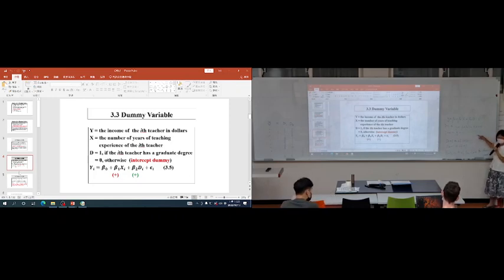Look at the expression here. These 2 equations have the same slope, right? With the same slope, then a different intercept.